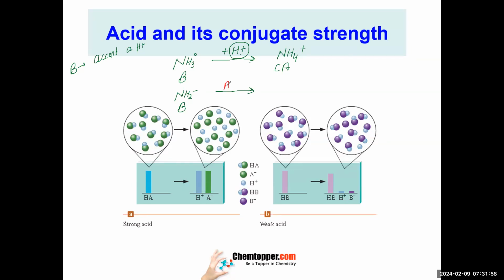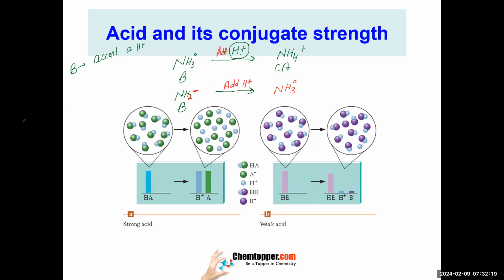Mathematically add H plus. The way we have done here, mathematically do it. When you add one hydrogen, then these two hydrogens will become 3 hydrogen. This minus, this plus will become 0.